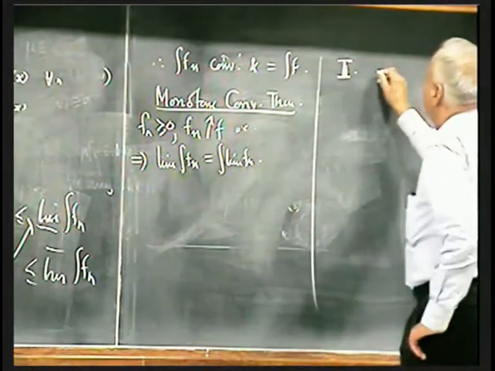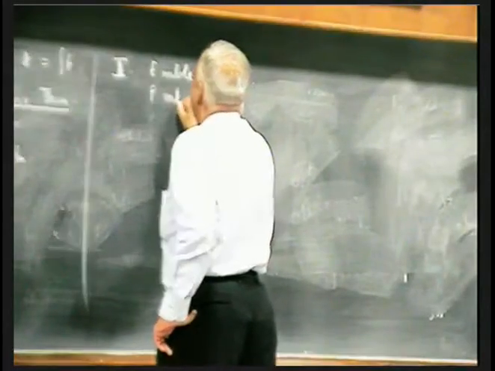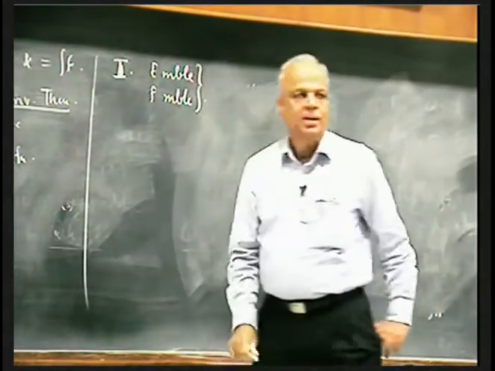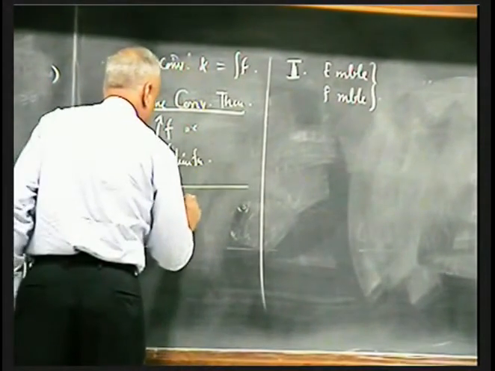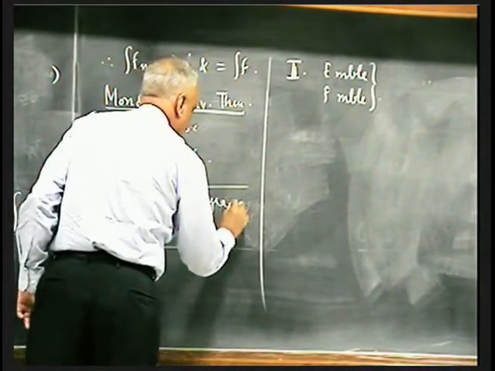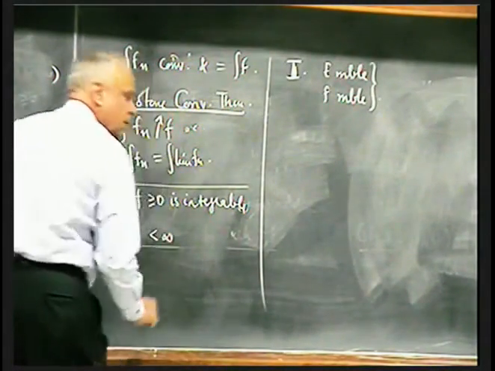The third stage says E measurable, F measurable. And of course here he makes one comment. We say F greater than or equal to 0 is integrable if the integral of F is finite.